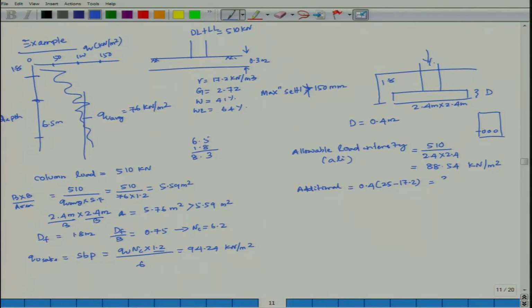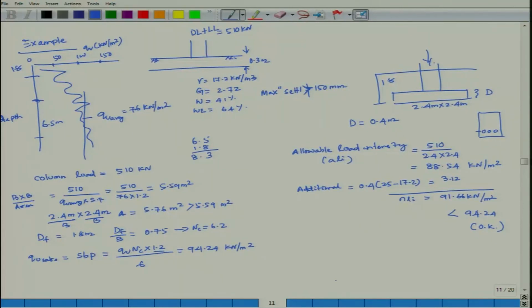So, this will be 3.12. So, your net load intensity will be 91.66 kilonewton per meter square, which is less than 94.24, then this is OK.